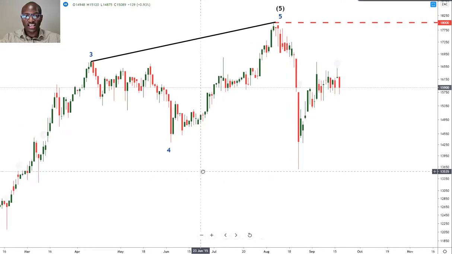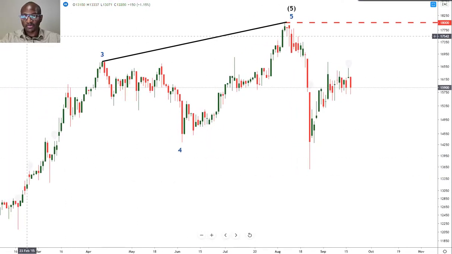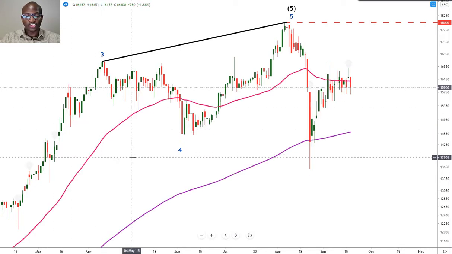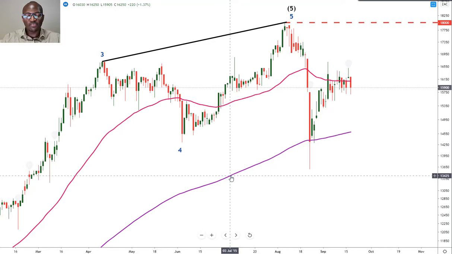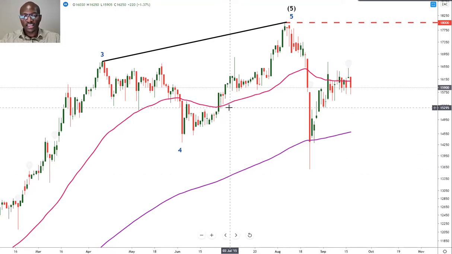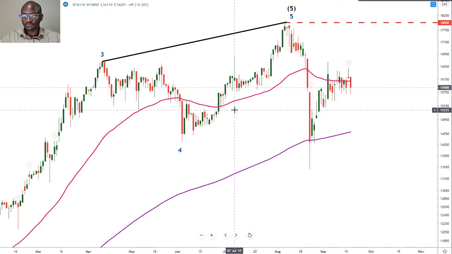Now at this juncture, I just want us to take a look at something which is very interesting, and we will look at a moving average combination that's used by investors. So what I have here is the 200-day moving average, which is seen as a long-term moving average, as well as the 50-day moving average, which is seen as a more medium-term moving average.